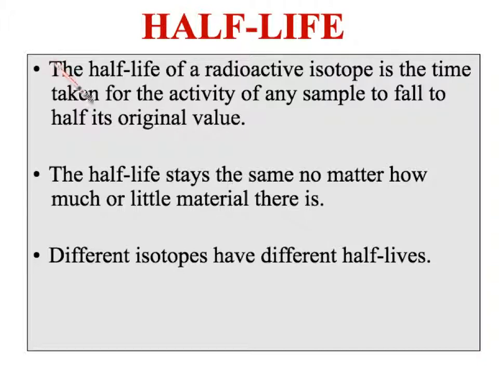So the half-life of a radioactive isotope is the time taken for the activity of any sample to fall to half its original value. The half-life stays the same no matter how much or little material there is. Different isotopes have different half-lives. So what does that mean then?